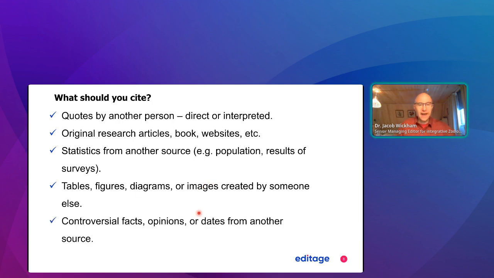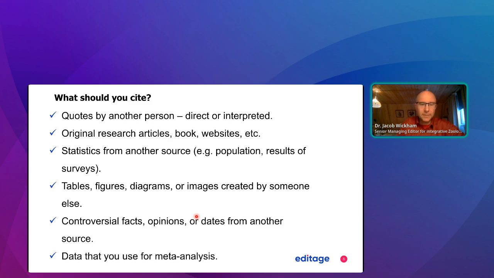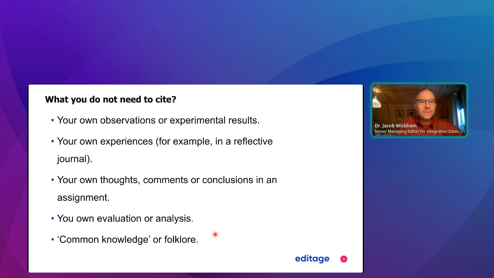Also, controversial facts, opinions, and dates from other sources. And also data if you're doing a meta-analysis. Even if you're writing a review paper, if you are getting source data for doing a meta-analysis of lots of other papers, make sure you cite all those.